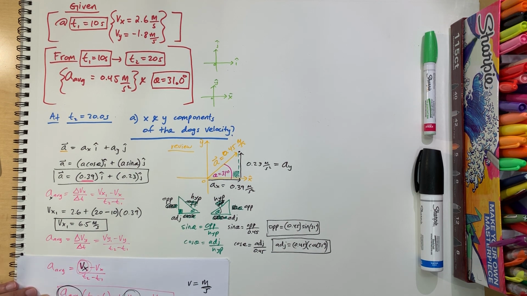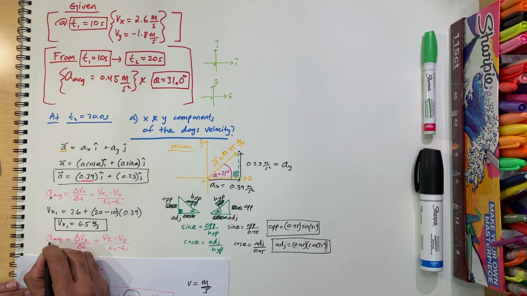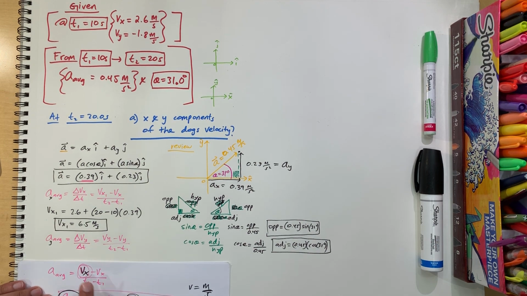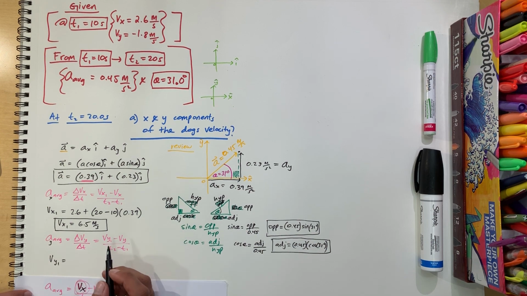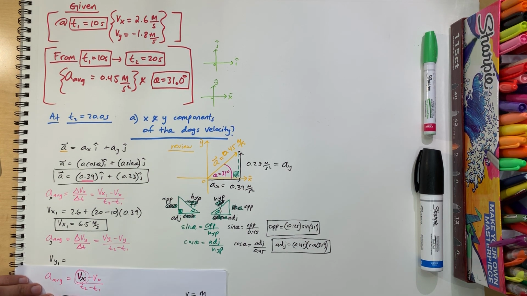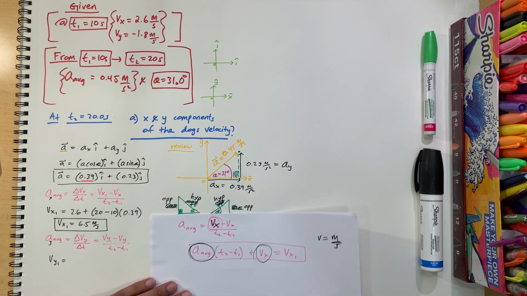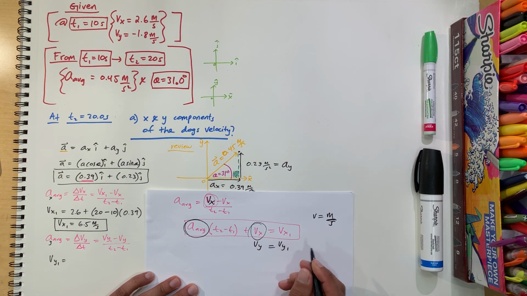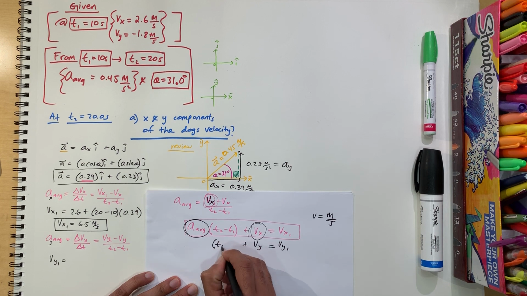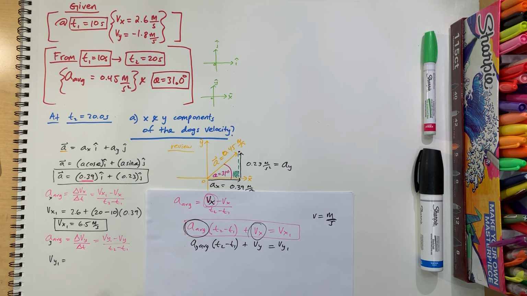So we have the same exact thing. We solve for the average acceleration. This one is in the y now. Okay, so we solve for Vy1. So we're gonna get Vy1, it's gonna equal Vy. So hopefully you guys can see this here. So Vy1 is equal to Vy plus time 2 minus time 1, and acceleration in the y average.